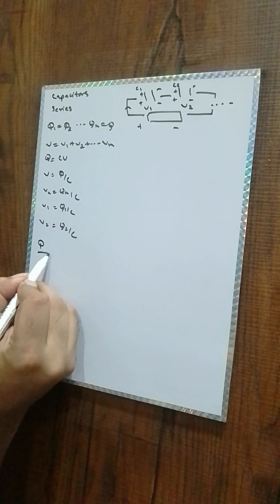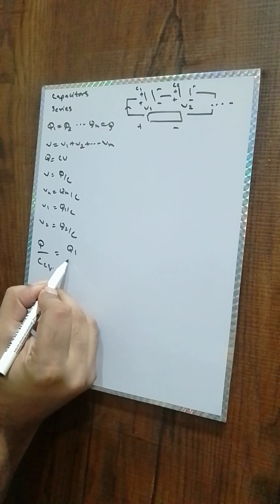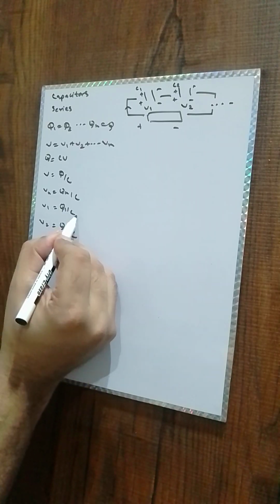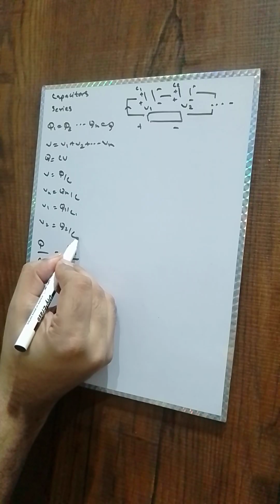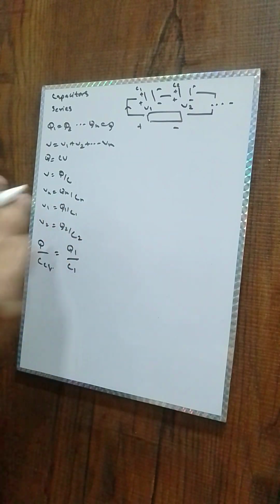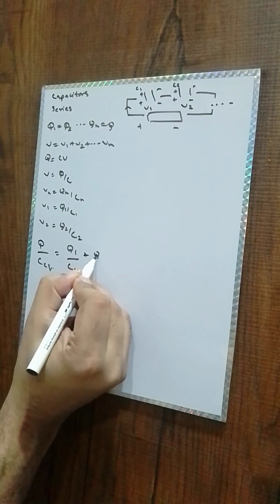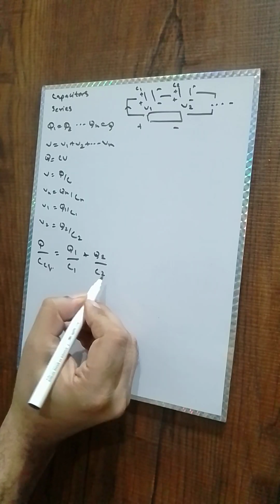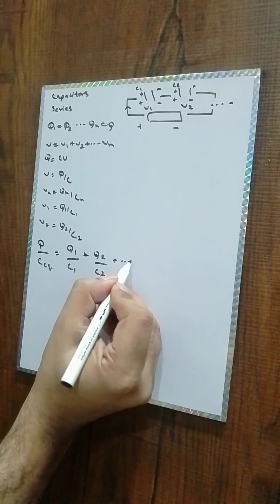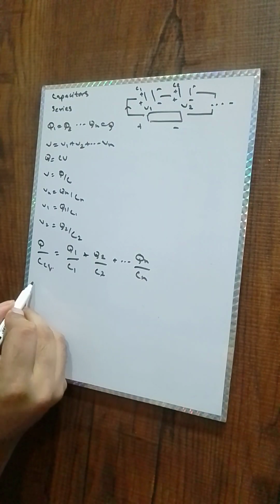So the Q by C equivalent is equal to Q1 by C1 plus Q2 by C2, and it goes on to Qn by Cn.